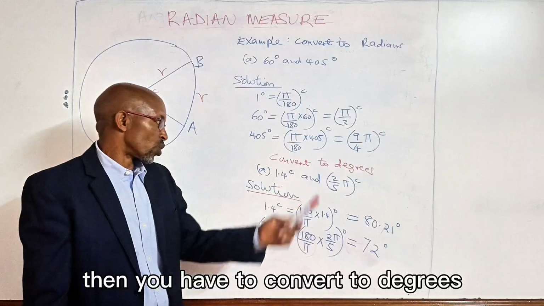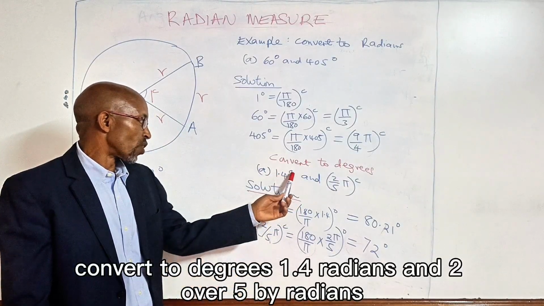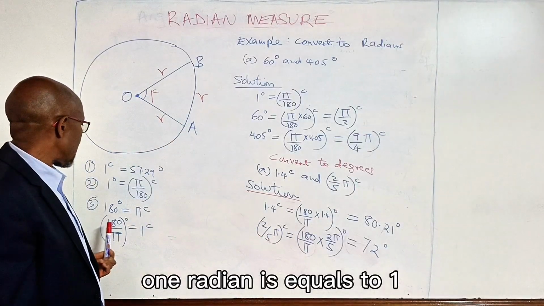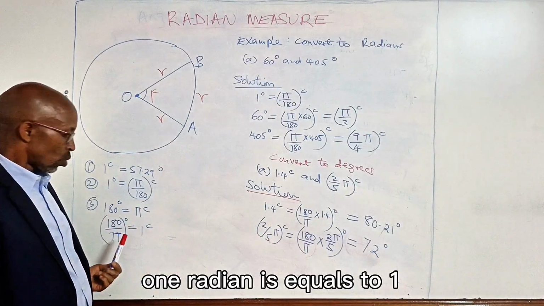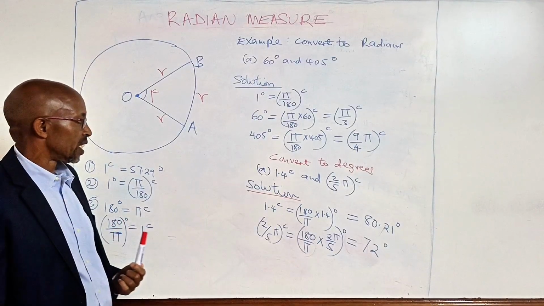Then convert to degrees: 1.4 radians and 2 over 5 pi radians. 1 radian is equal to 180 over pi degrees.